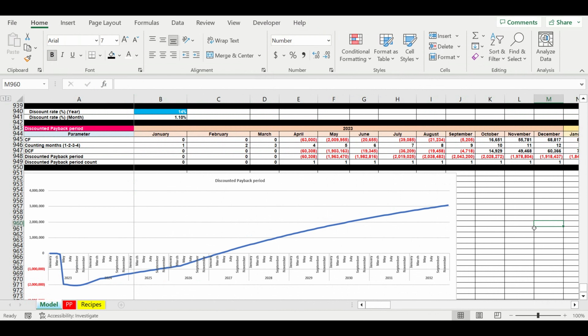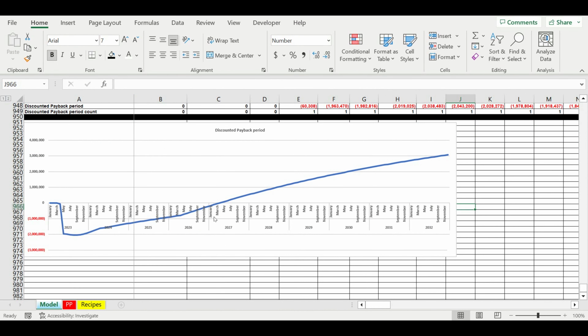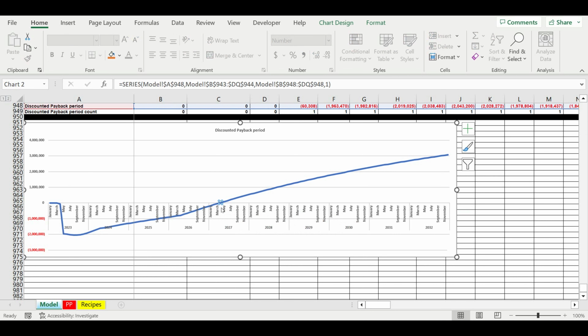So the moment of discounted payback period will be the moment when this diagram crosses the timeline axis. This will be timeline axis OX, and this is the moment when we have a discounted payback. So this is roughly maybe April 27.